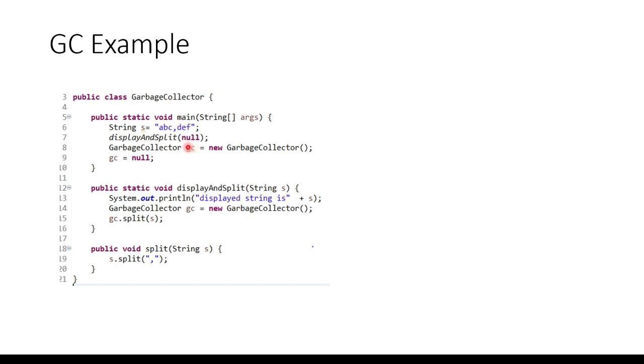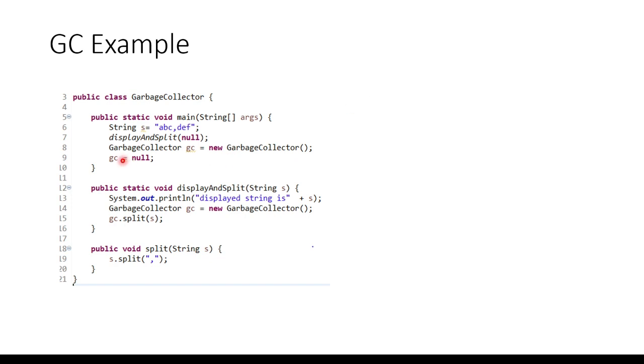So GC contains the address of the GarbageCollector object created in the heap. If we want to access the object in the heap through GC, we can, because GC contains the address. Using GC, we get the address, go to that address, and access the object.